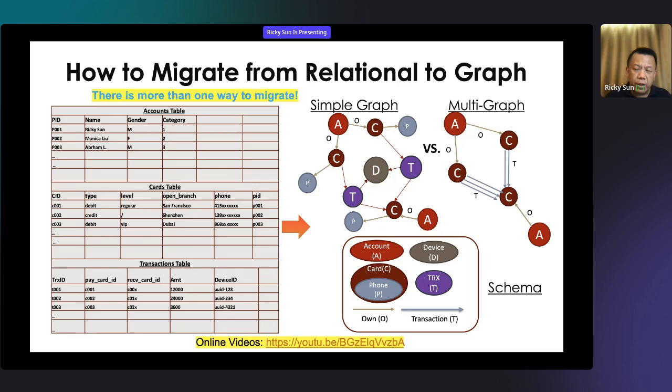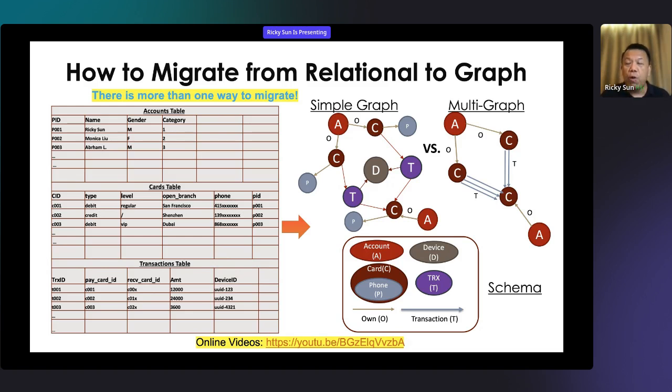What's being shown here are two models, simple graph versus multigraph. As you can see, in the simple graph setup there are more types of entities and relationships, and in multigraph we have fewer types of entities and types of edges.